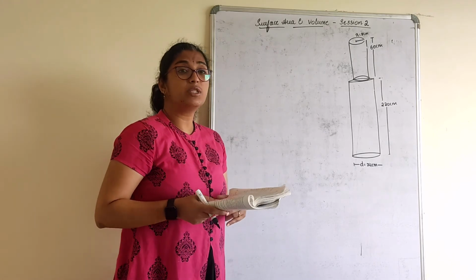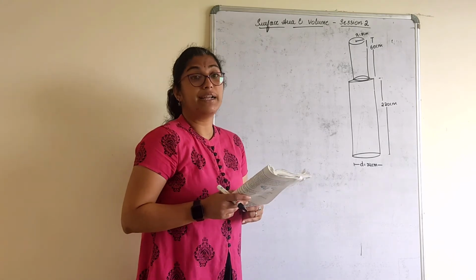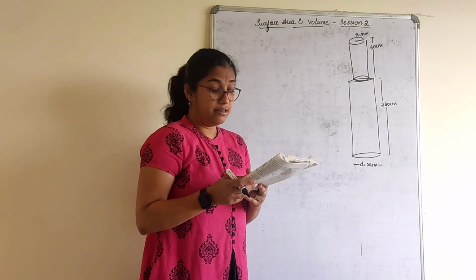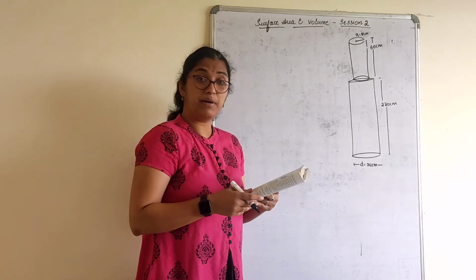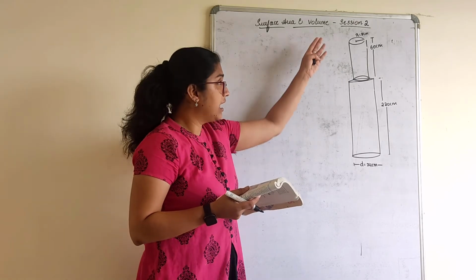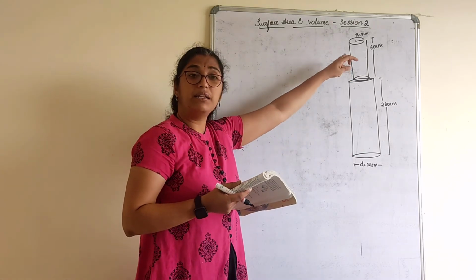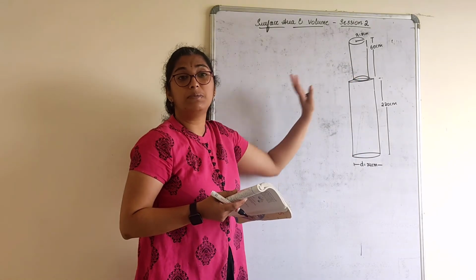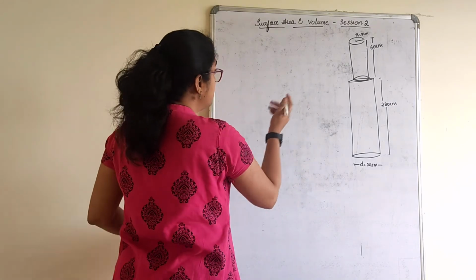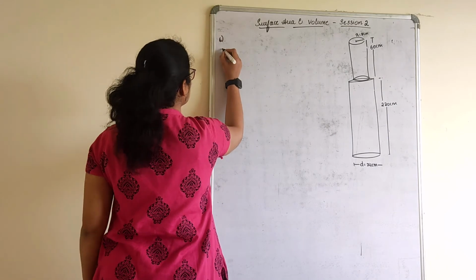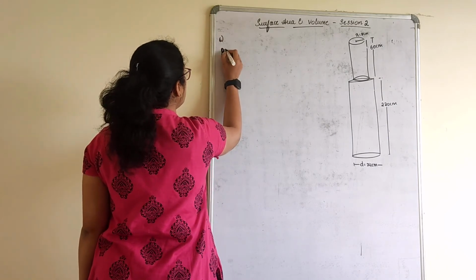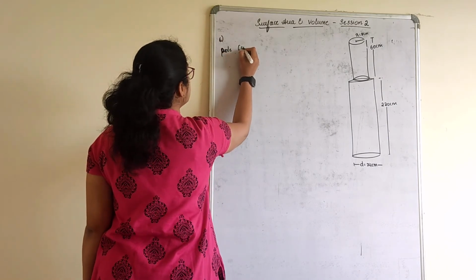Now mass we can find with respect to what? First find the volume. Then because 1 centimeter cube of iron has 8 grams of mass, as they have given, let us first find how many centimeter cube of iron volume is present in this. So cylinder 1 and cylinder 2, or it is a pole, which is a cylinder only.